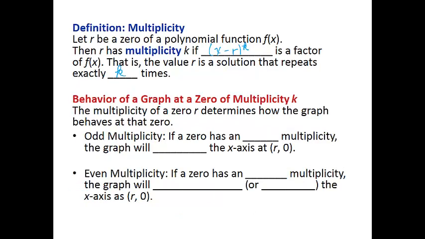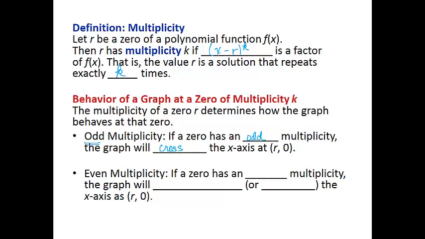And the behavior of a graph at a zero of multiplicity k: if a zero has an odd multiplicity, the graph will cross the x-axis at that zero, or at the point r, 0.